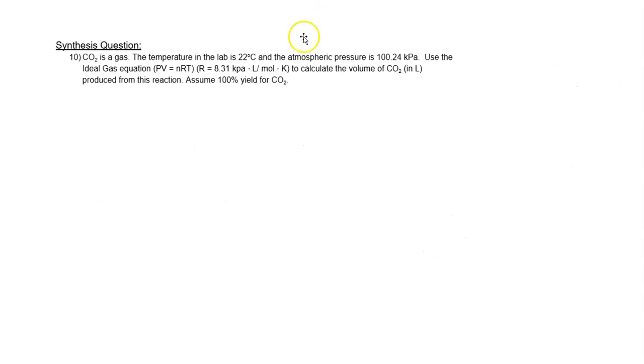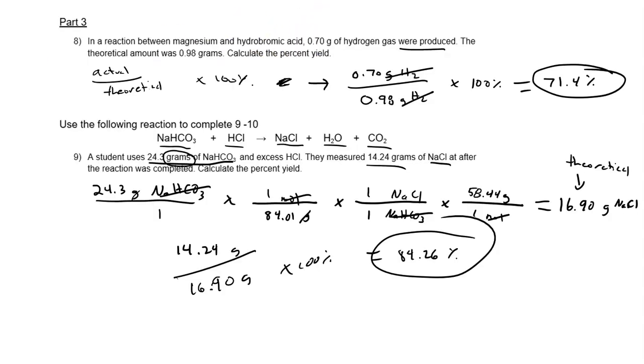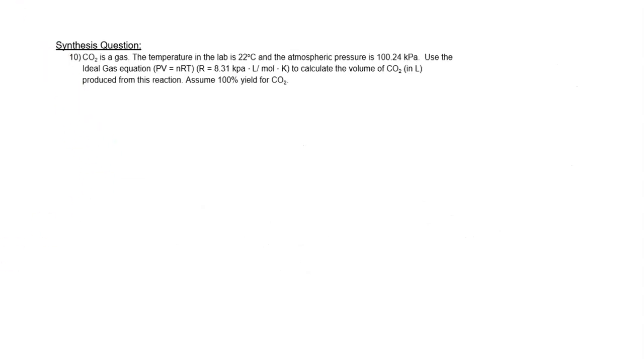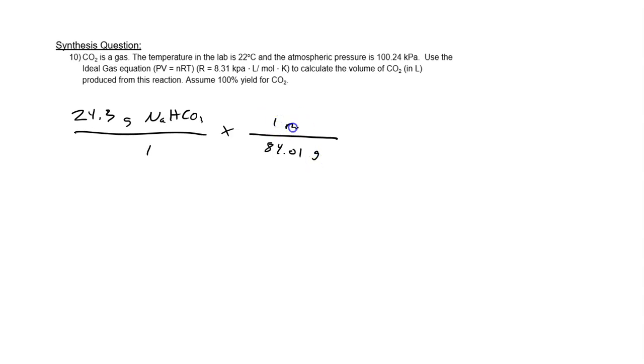One more. Here we go. So our synthesis question. So let's go back. We got the same reaction right here. We got 24.3 grams of NaHCO3. So our first step is going to be this same step right there. So we got 24.3 grams NaHCO3 over 1. Convert that to moles by going 84.01 grams per mole.